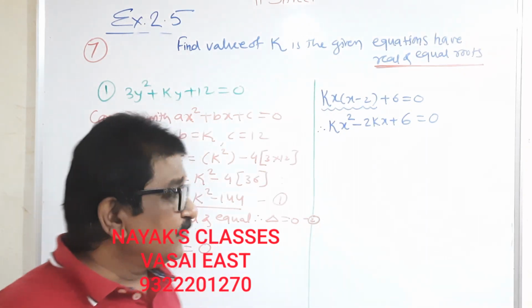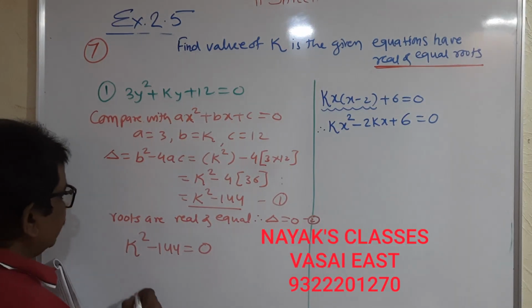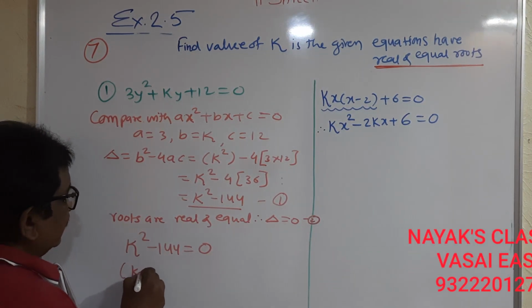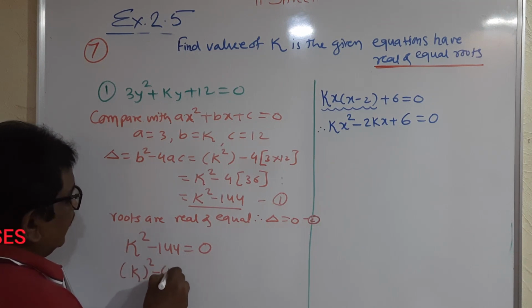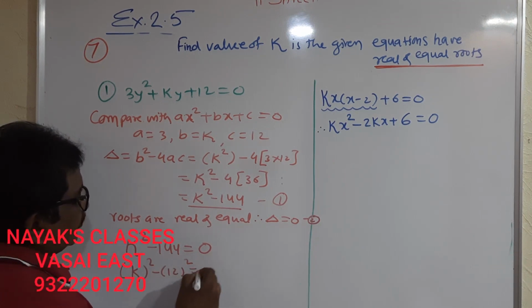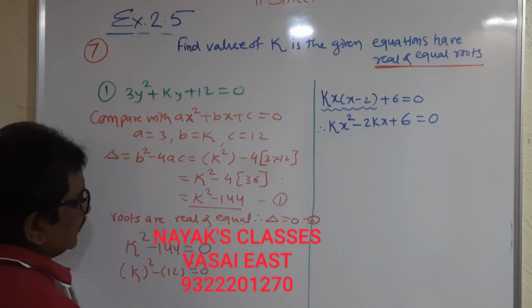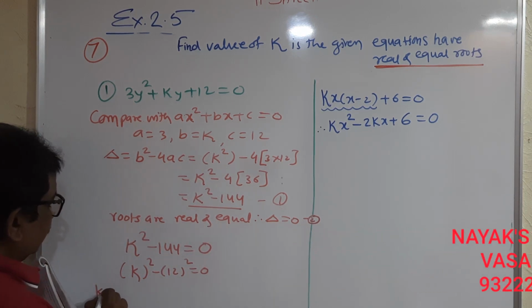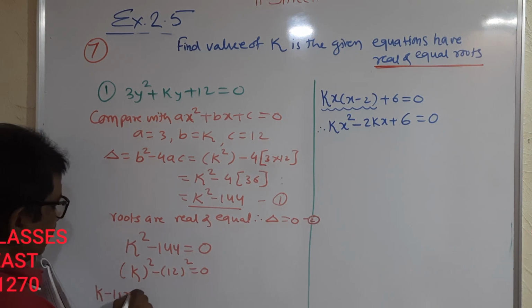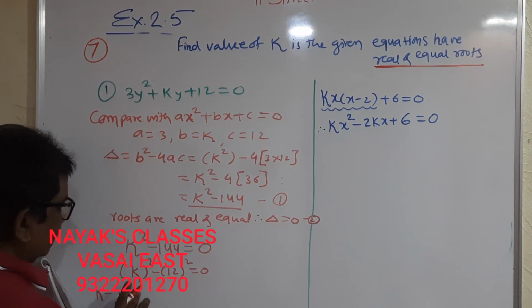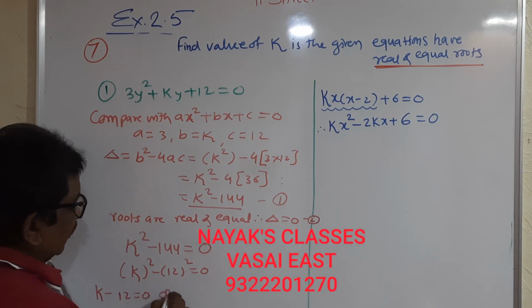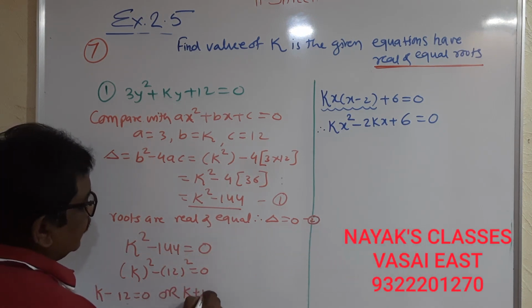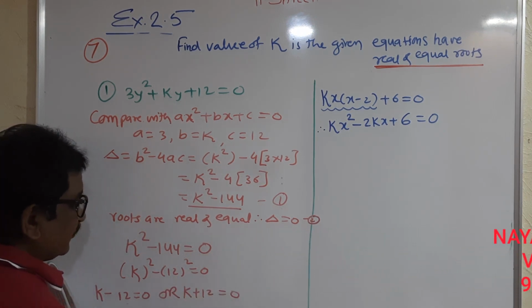Delta is equal to 0. Therefore, k square minus 12 square is equal to 0. So it is nothing but k minus 12 is equal to 0, or k plus 12 is equal to 0.